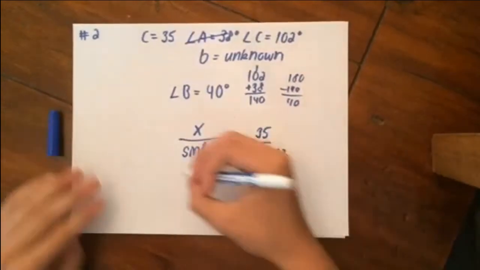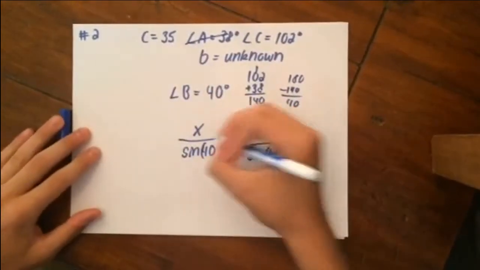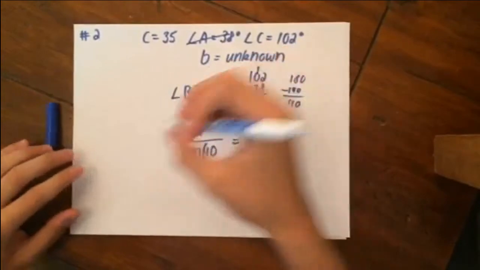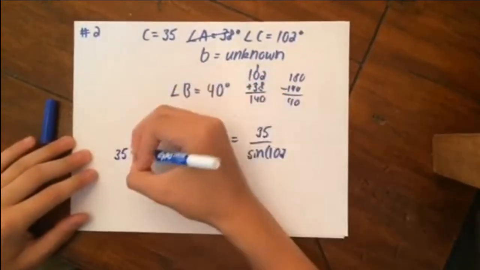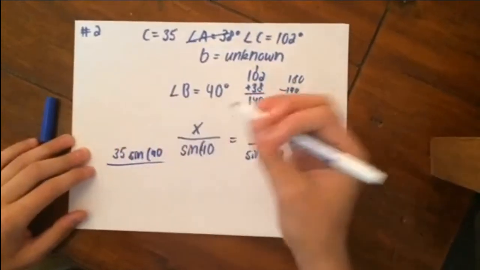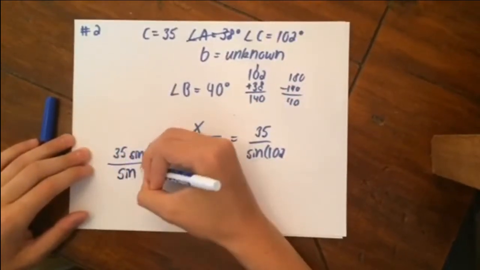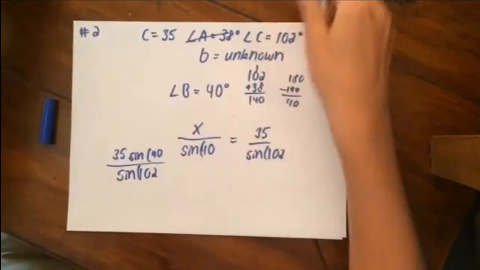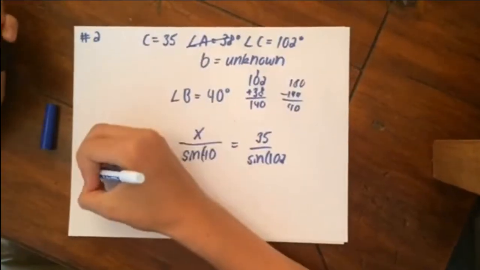So once again, you multiply that over to get the x by itself. So it would be 35 sine 40 over sine 102. Once again, plug this into your calculator. I guess that equals x.